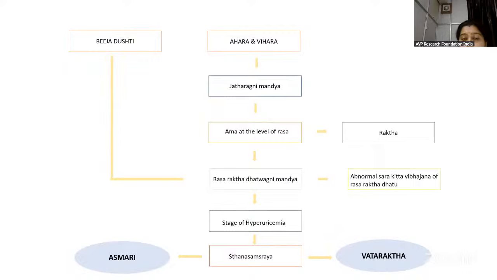So what happens is that all these nidanas, in the sense all these causative factors like improper lifestyle and improper dietary patterns, will impair your internal agni, or the internal digestive fire.